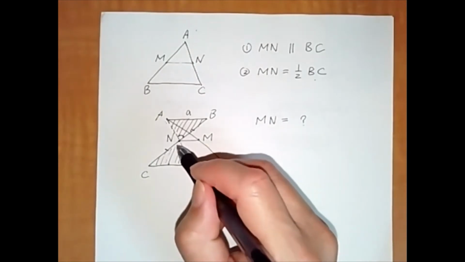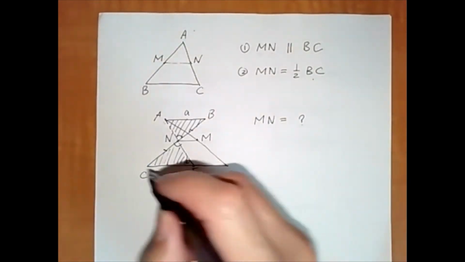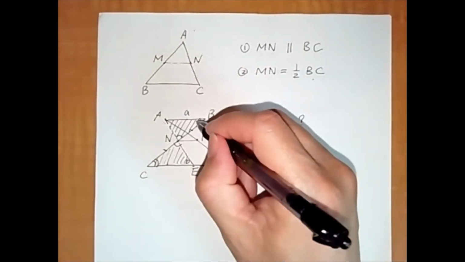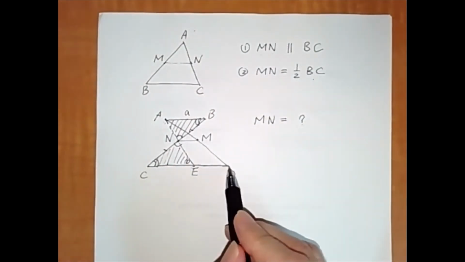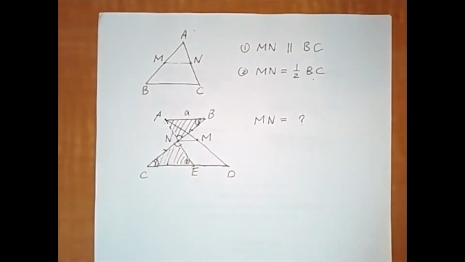We have a side, and we also have two angles. This angle is congruent with this angle, and also this angle is congruent to this angle because of the parallel line, and this is the alternate interior angle.